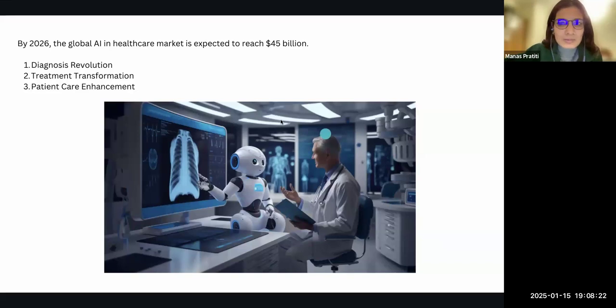Second is treatment transformation. By treatment transformation, I mean there are so many companies, apps and devices that can simulate a lot of treatment situations and then identify the best one for a particular case. Suppose a patient who has diabetes has also developed some condition of sepsis or septicemia.